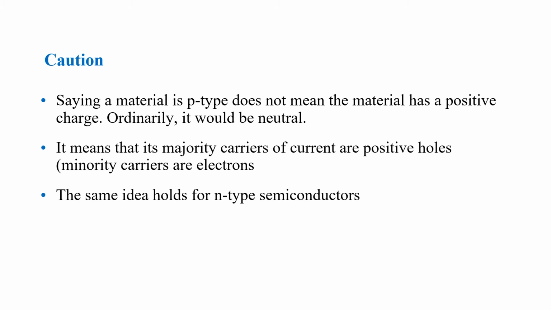Ordinarily, it would be neutral. It means that its majority carriers of currents are positive holes, while the minority carriers are electrons. The same idea holds for an n-type semiconductor. So for an n-type semiconductor, the majority carriers are electrons, while the minority carriers are your holes.